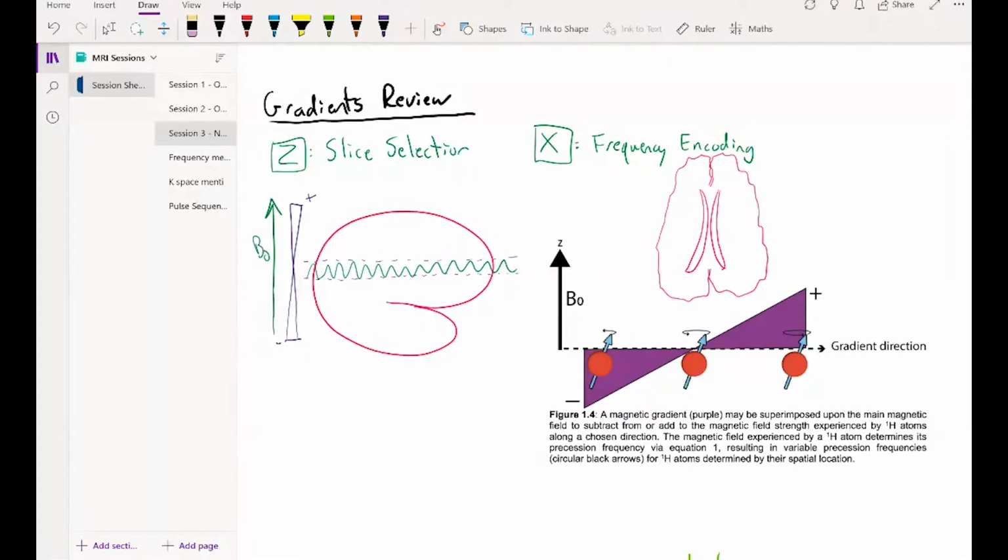Once we break it apart into different frequencies, we can look at the amplitude of that signal and get a sense of how many hydrogen atoms are precessing at what frequency. That will become a little more clear when we talk about some of the material right away in this session, especially the Fourier transform.